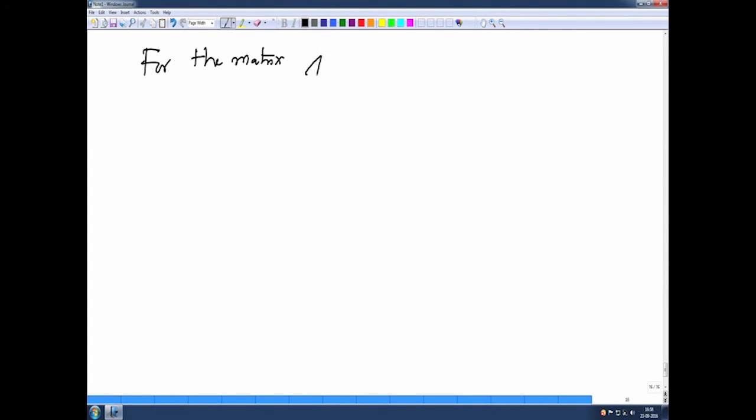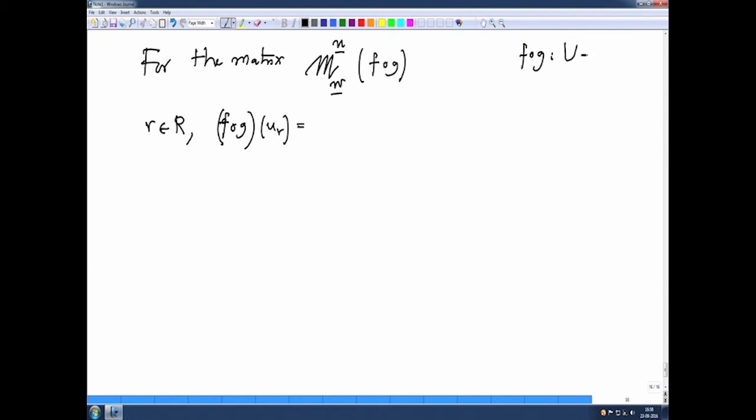For the matrix M from U to W of the map F∘G, I have to take any R in R and evaluate this linear map F∘G on U_R, and write it in the form of W_i and coefficients, because F∘G is a map from U to W. So here the basis is U_R and here the basis is W_I.